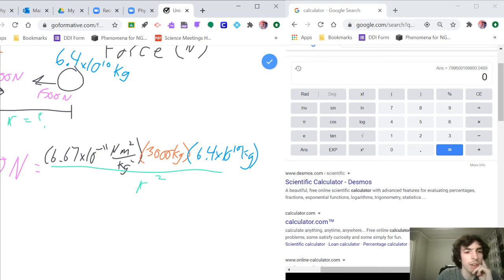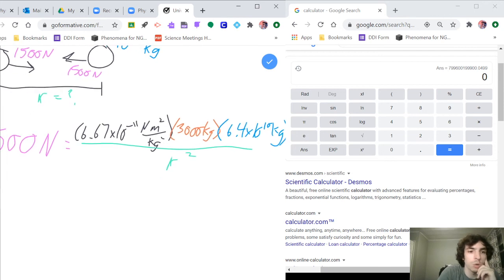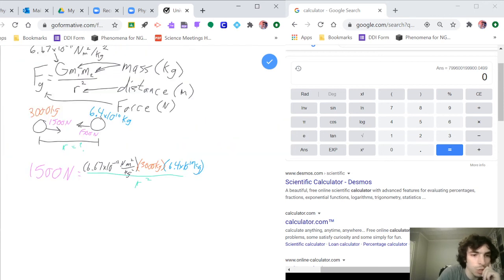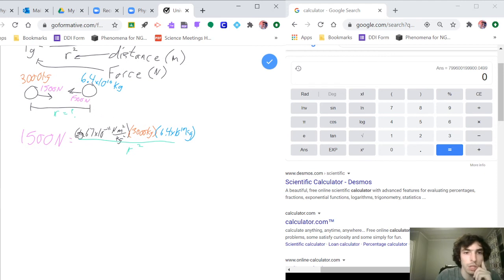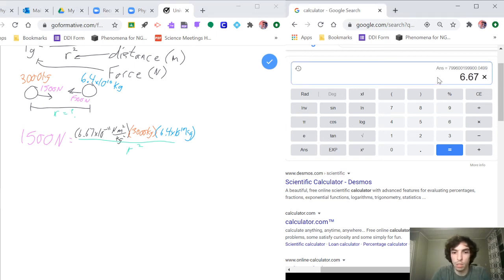Just like before, let's plug in some of these numbers that we know so far and simplify a little bit. I'm going to multiply the numerator of the right side of this equation. So we're going to take our 6.67 times 10 to the negative 11th, and then times our 3,000 kilograms times 6.4 times 10 to the 10th.